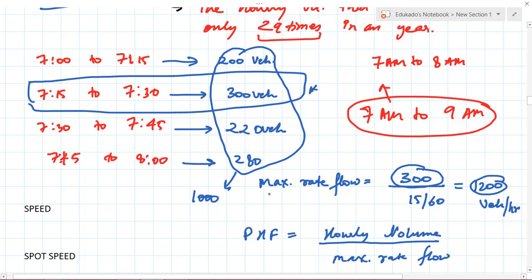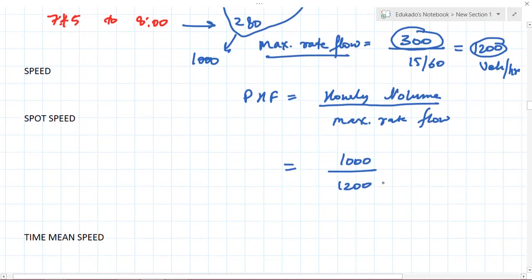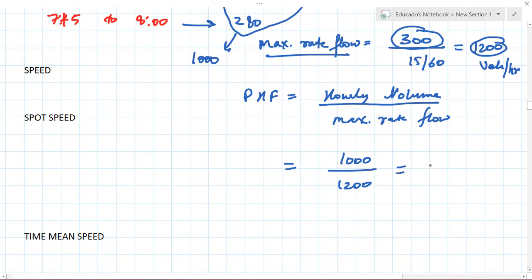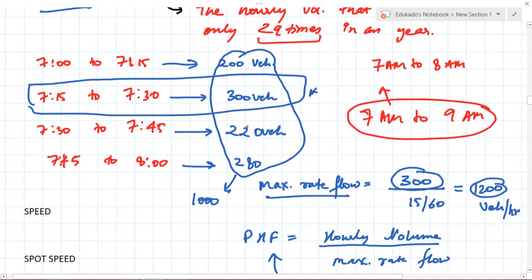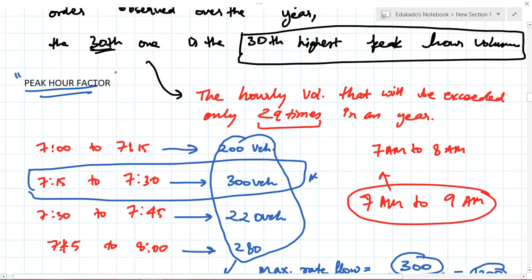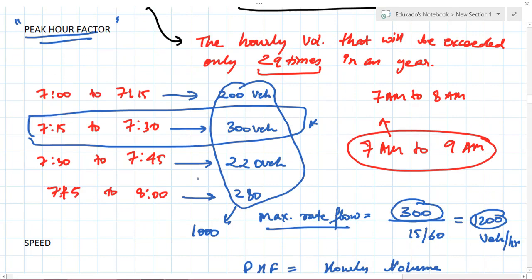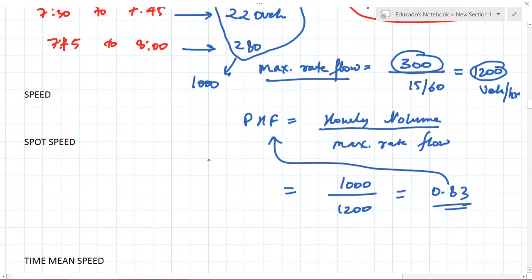So I will get a ratio value like 0.83. This is known as the peak hour factor. I think it's clear with an example also. Okay, let's move forward.